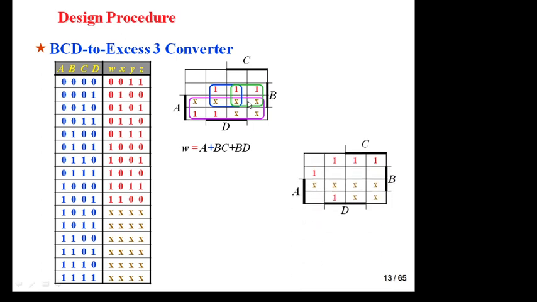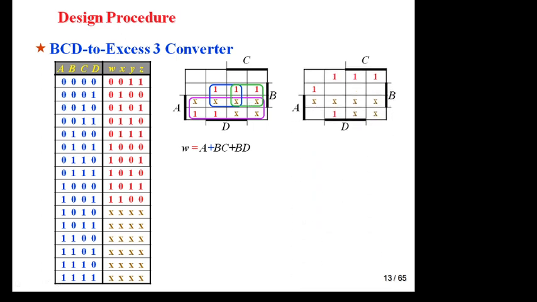Similarly, determine X. This is for X. Now these terms for X: 1, 2, 3, 4 and 9. Just write down the minterms 1 1 1 1 and the remaining are don't care terms. So again try to solve by using K-map. 2 quads and 1 pair are possible.